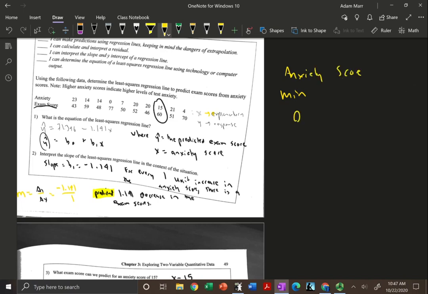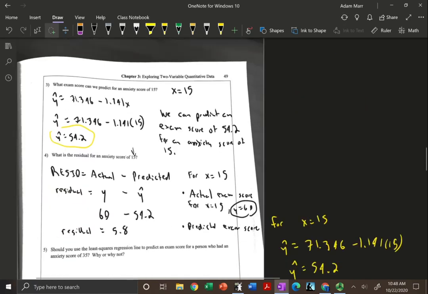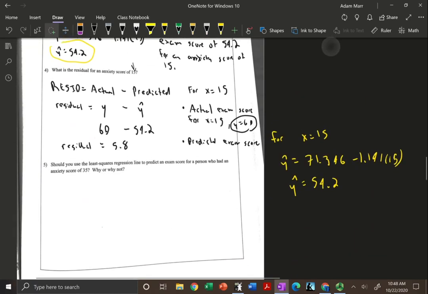And it looks like our max right here is 23. So you tell me, should we use this for x equals 35?